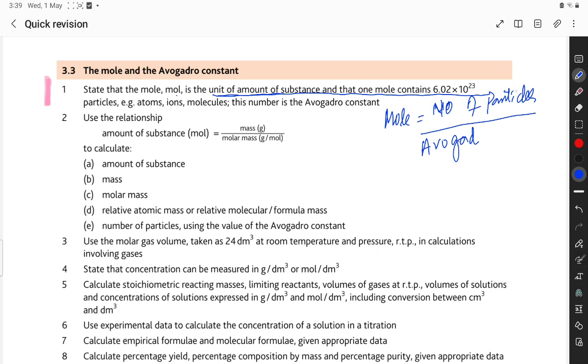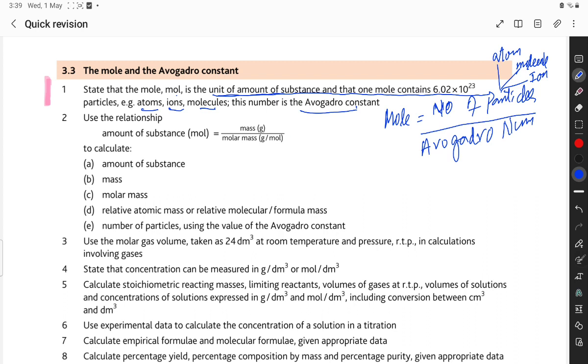And what is the Avogadro number? 6.02 into 10 raised to 23. Particles can be atoms, molecules, or ions. This number is the Avogadro constant.